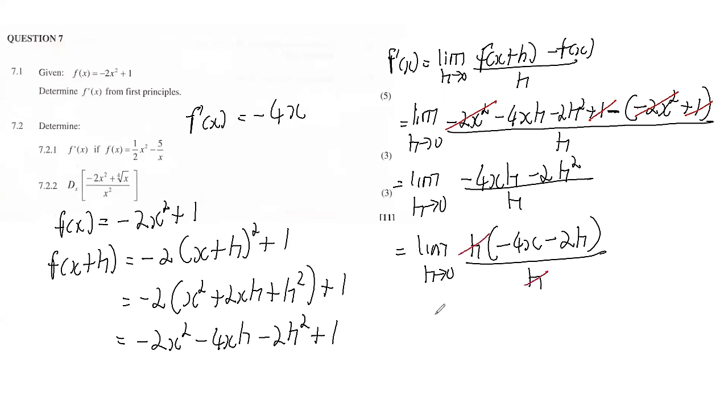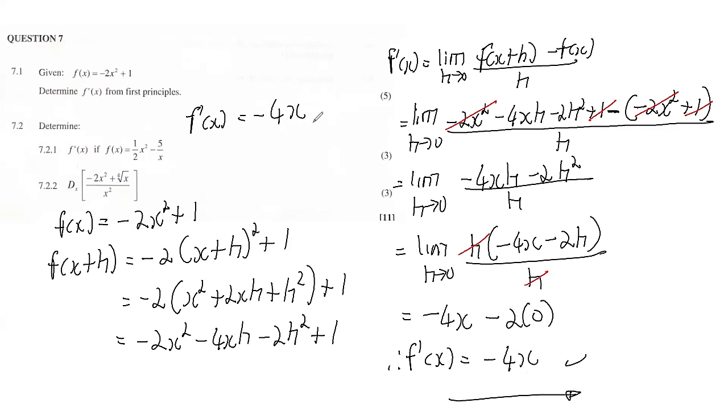This is the point where we now drop off the lim h approaching 0. We're no longer putting it there. So that's negative 4x, and in the position of h, we put 0 there. Therefore, our f prime x is equal to negative 4x. And are we confident about our solution? 100%, because we have already checked it. Right, that's how you get your easy 5 marks from first principles.